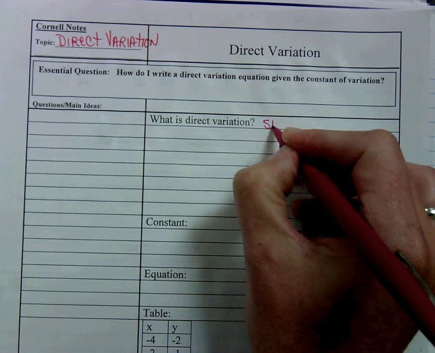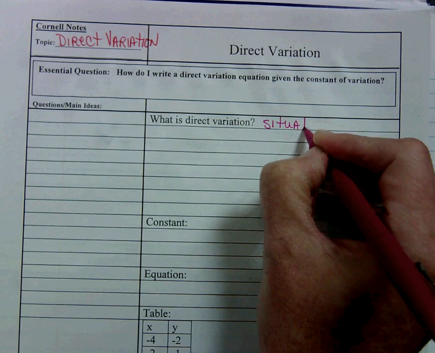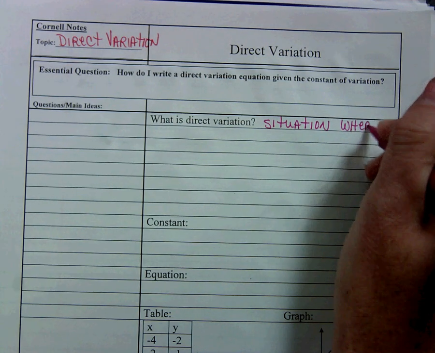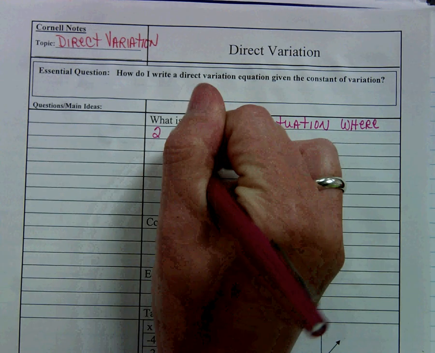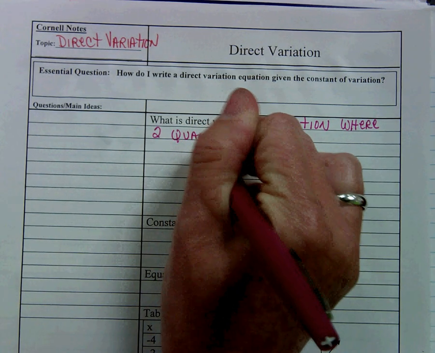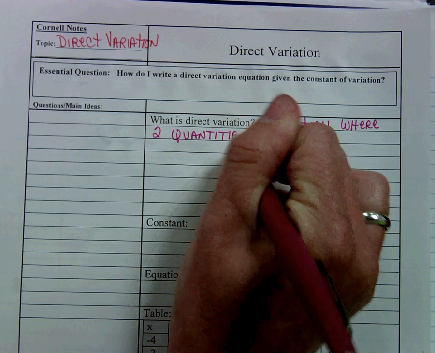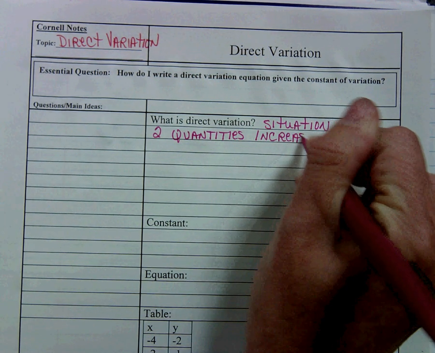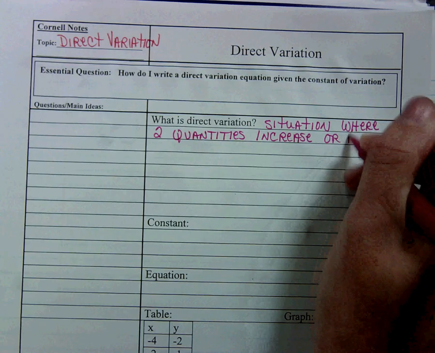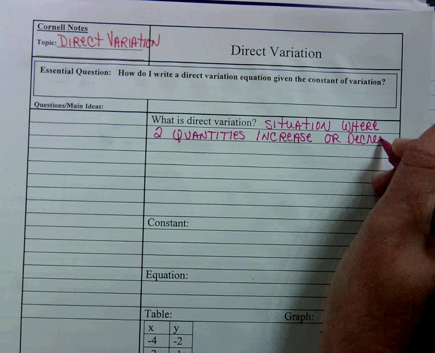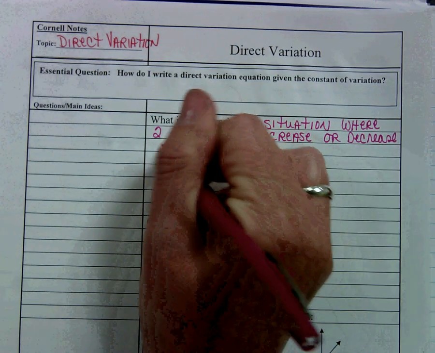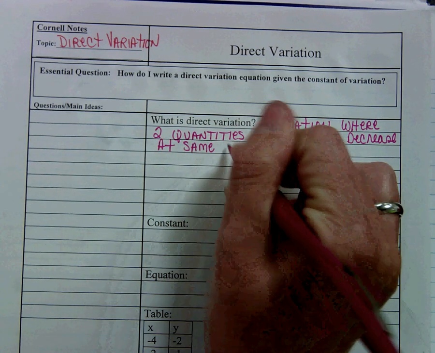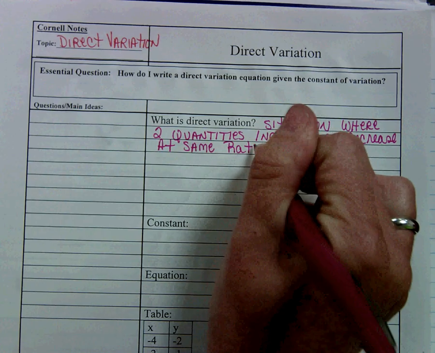Direct variation is a situation where two quantities increase or decrease at the same rate. So there is a constant rate of change that we are looking at.